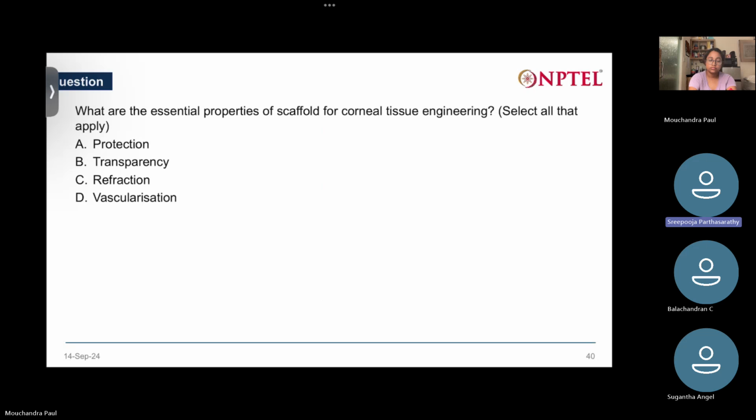A, B, C. Okay, A, B, C. What about vascularization? Do you think it should promote vascularization, or are you confused? I think it should also.